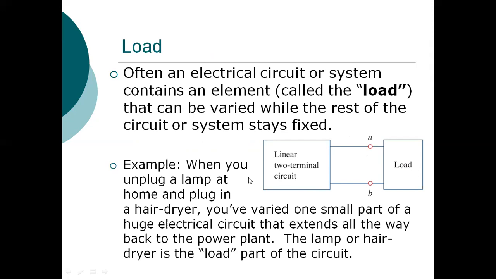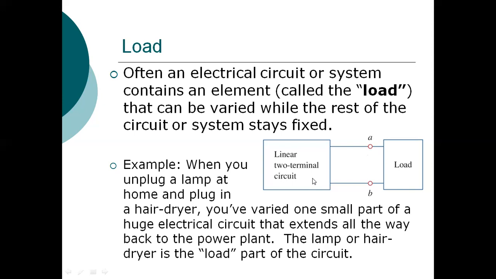I will give you an example. Suppose across terminals A and B you have connected a lamp that lights your home, and then you unplug that lamp and connect a hair dryer between these two terminals. Obviously, you have varied one small part of the huge electrical circuit that extends all the way back to the power plant.